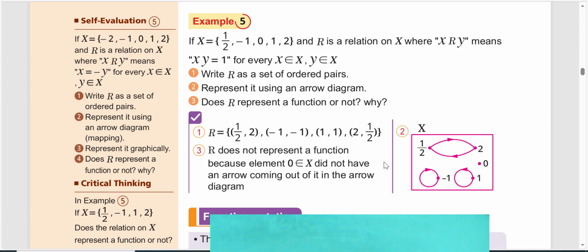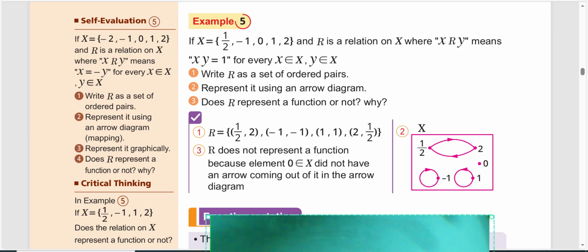It doesn't represent a function because element 0 belonging to x didn't have an arrow coming out of it in the arrow diagram.